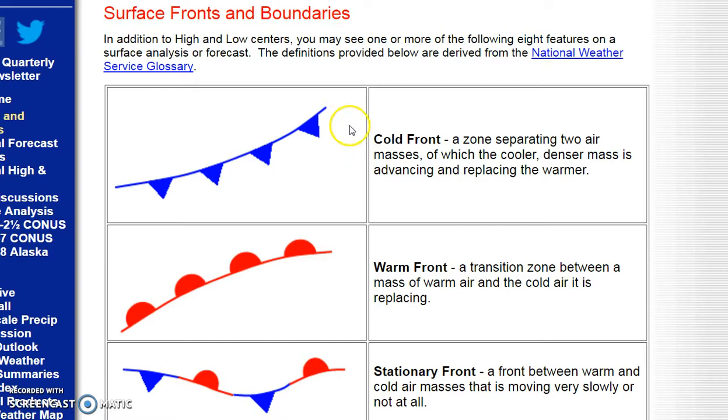So for instance, if you saw this on a weather map, it means that the cold front is moving this way, because you can kind of think of this as a tip of an arrow showing you the direction. So the cold front is moving this way. So the colder air is on this side of the boundary, okay, and is moving this way and replacing warmer air, which is down here.